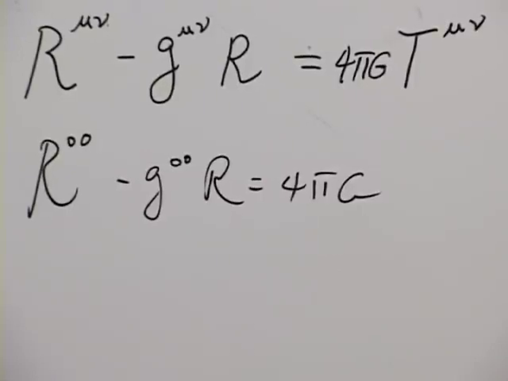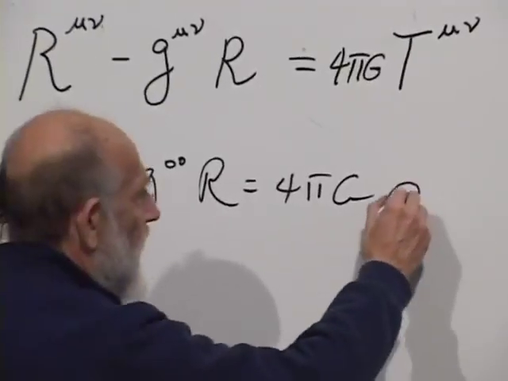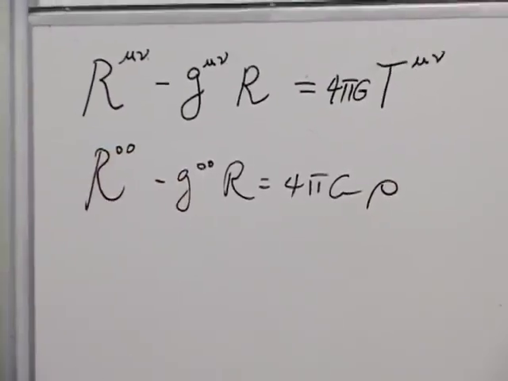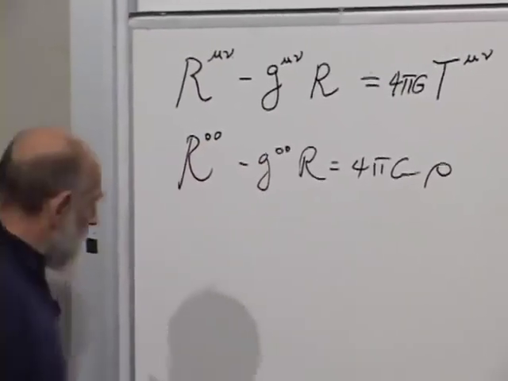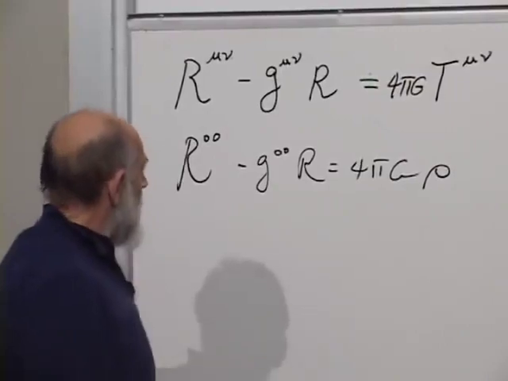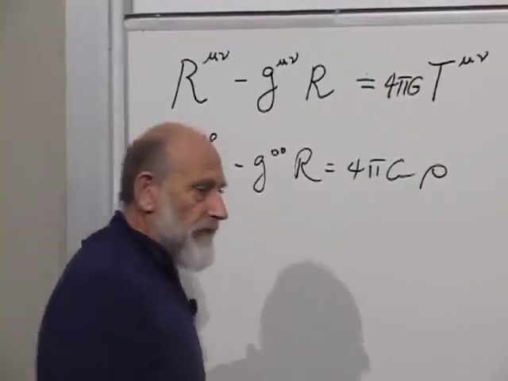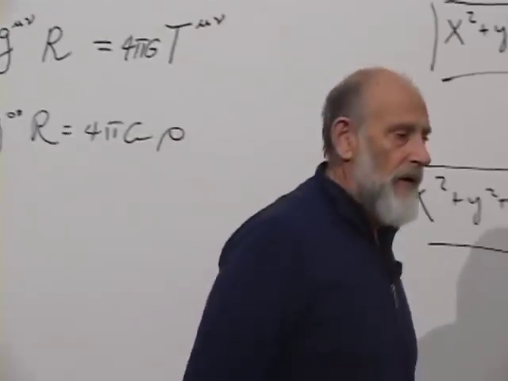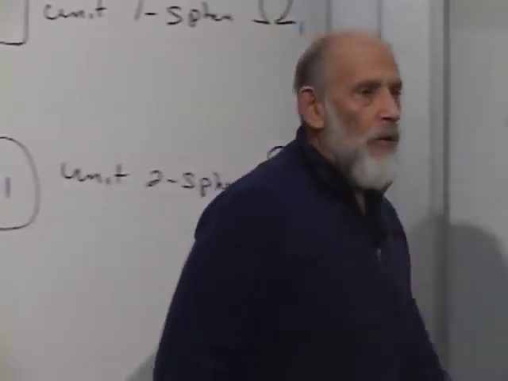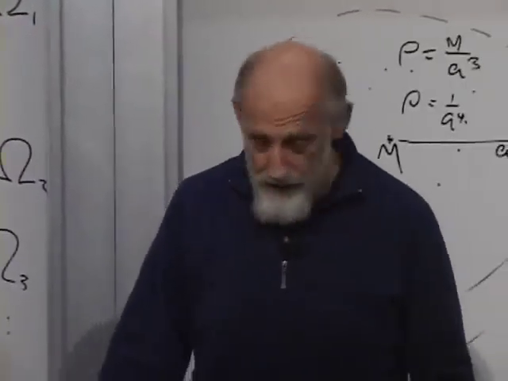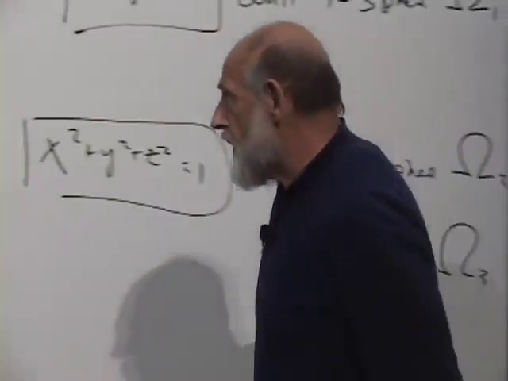It's the energy density. We've already named that rho. The right-hand side is energy density. The left-hand side is geometry. Okay. All right. Next, we want to calculate, we're not going to do this, but in principle, you know how to do this.